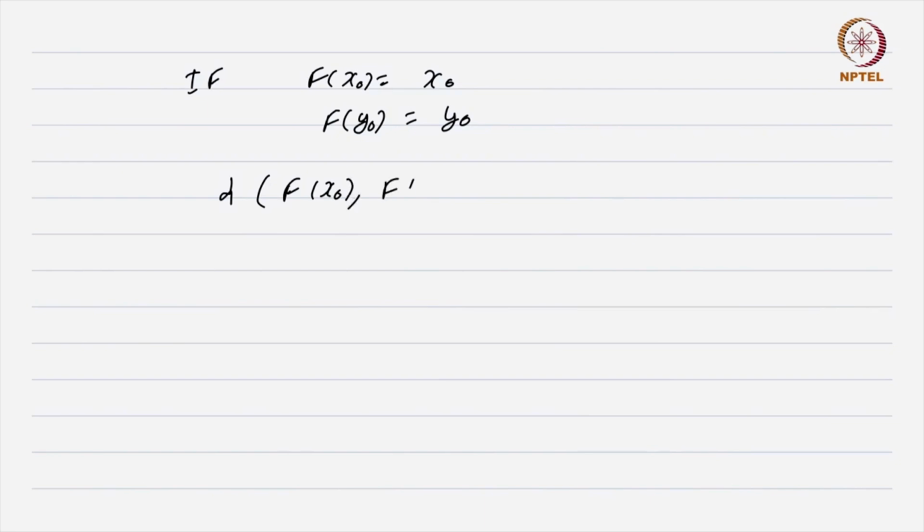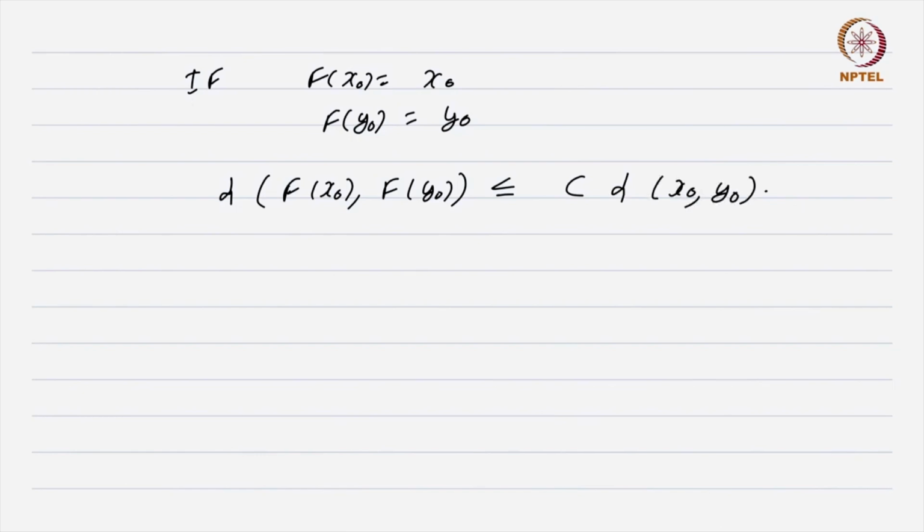Now if f(x naught) equals x naught and f(y naught) equals y naught, then d(f(x naught), f(y naught)) is less than or equal to c times d(x naught, y naught).